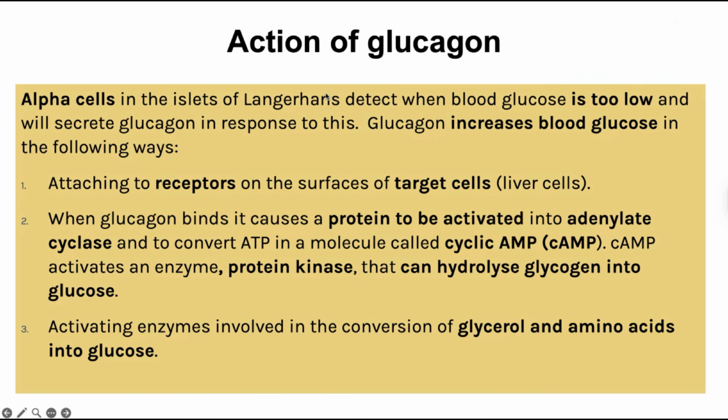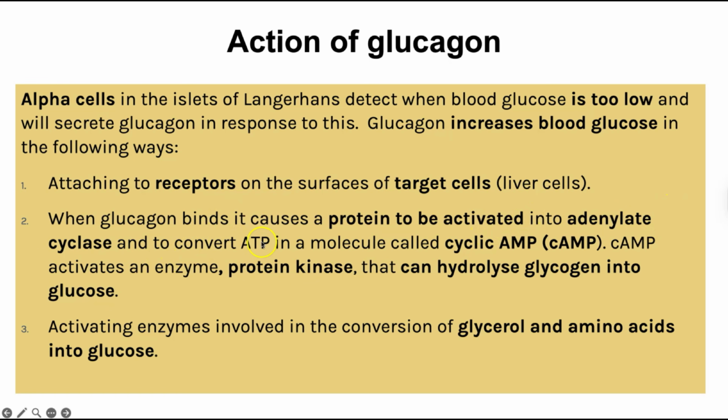The action of glucagon then, the alpha cells in the islets of Langerhans detect the blood glucose level is too low and secrete glucagon, which will travel around in the blood, and when it gets to the complementary shaped receptors on the cell surface membrane of liver cells, it activates a second messenger model, which is described here. So it causes a protein to be activated into adenylate cyclase.